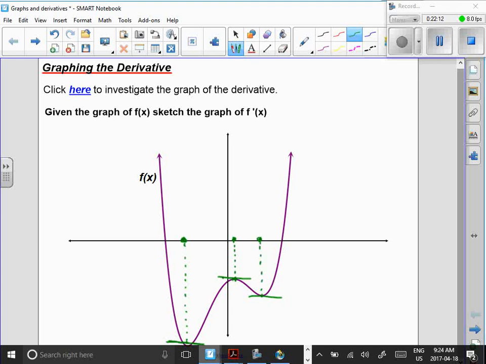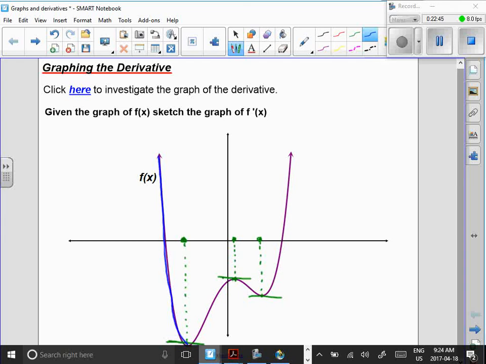Okay. We're starting with a quartic. Looks like we're getting 3 roots. We're going to get a cubic. Right? And then, does everyone agree that on this interval, in blue, the slope of the tangent everywhere on that part would be negative?